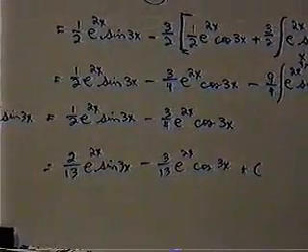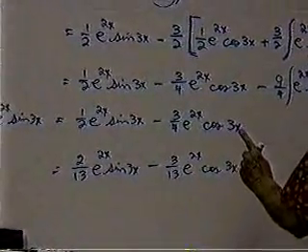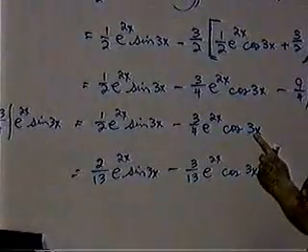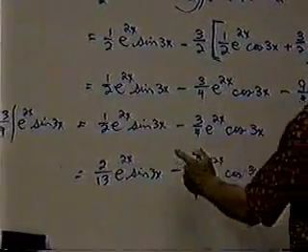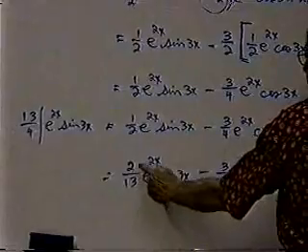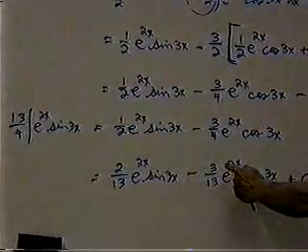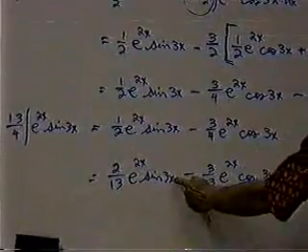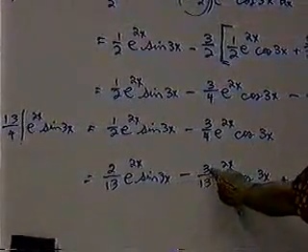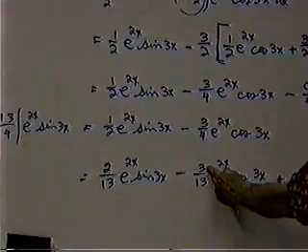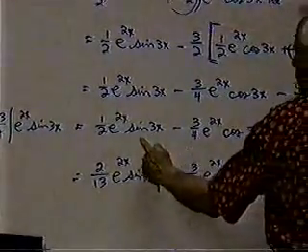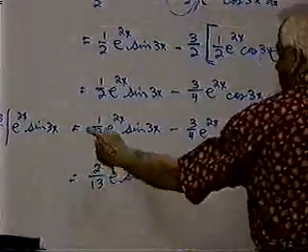I want you to notice a trick on something like this. For e times sine or cosine, whatever the number in front of the x is for the e part, whatever the number in front of the x is for the trig is here, and this squared, 3 squared plus 2 squared is equal to that.